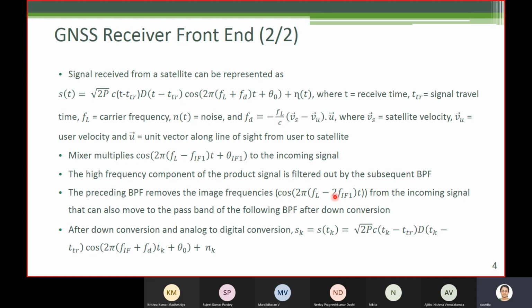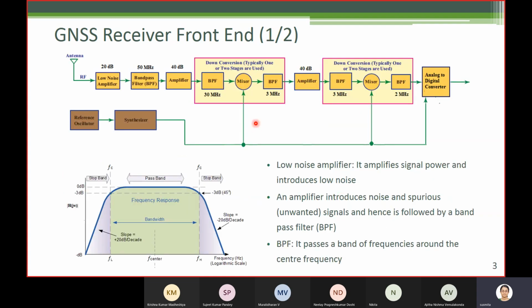So eventually we have cos minus 2 pi FIF1, which is equal to cos 2 pi FIF1. Now this component, the low frequency component, is within the passband of the band pass filter. So the band pass filter will allow it. So the wrong component is allowed. We do not want this.